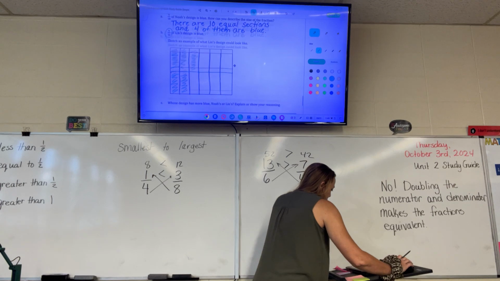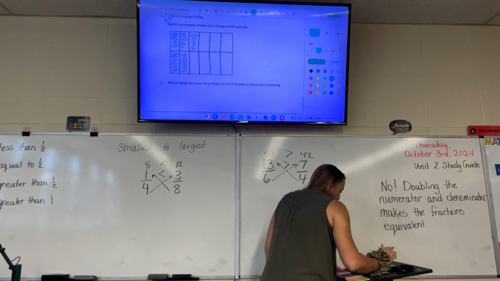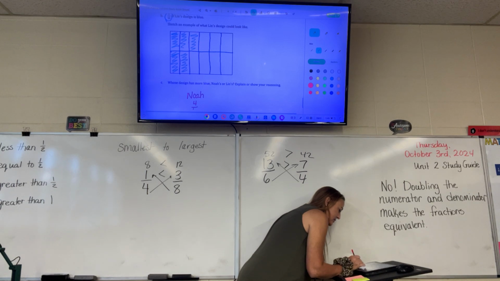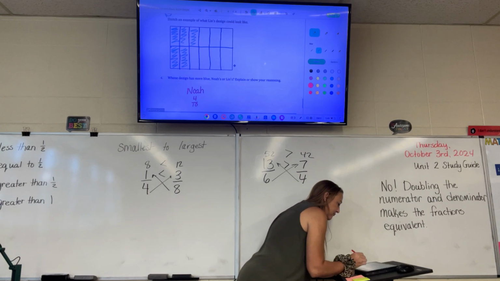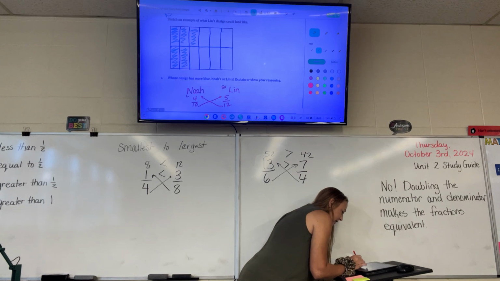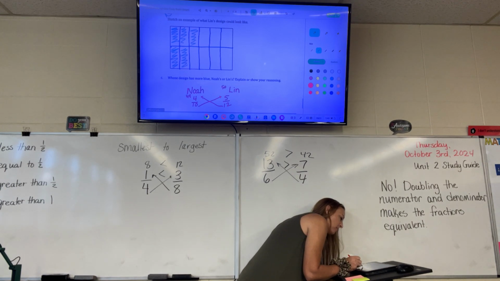Okay, whose design has more blue, Lynn's or Noah's? So for Noah, we're gonna write his name with his fraction, which is 4/10, right? And then for Lynn, we're gonna write her fraction, which is 5/12. Then to see whose has more blue, we're gonna cross multiply. And when we do that, we get 48 for Noah and 50 for Lynn.